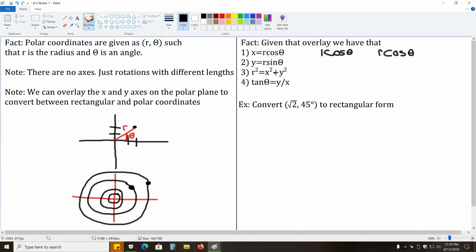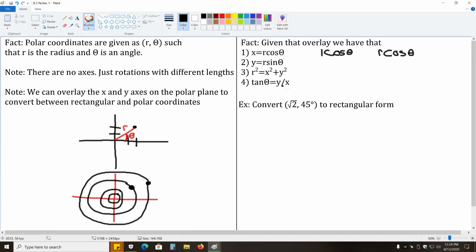And now to go from rectangular to polar. So this gives you x and y, the rectangular values, given the polar values. Now if you're given the rectangular values, you can get the polar values. And we get these by using the Pythagorean theorem. Given x and y, then x squared plus y squared equals r squared.